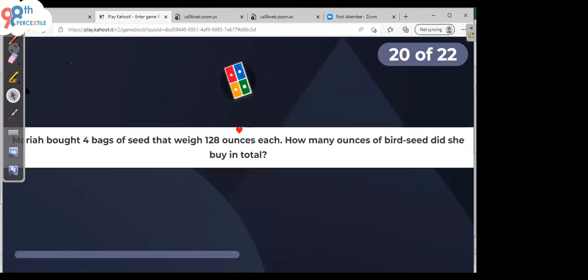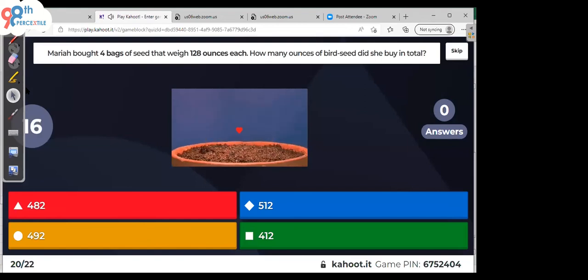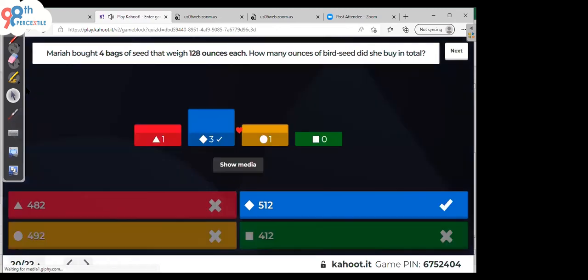Maria bought 4 bags of seeds that weigh 128 ounces each. How many ounces of bird seeds did she buy in total? 4 bags of seed that weighed 128 ounces each. What's the total ounces? Okay, only 3 answers. 4 bags, right?